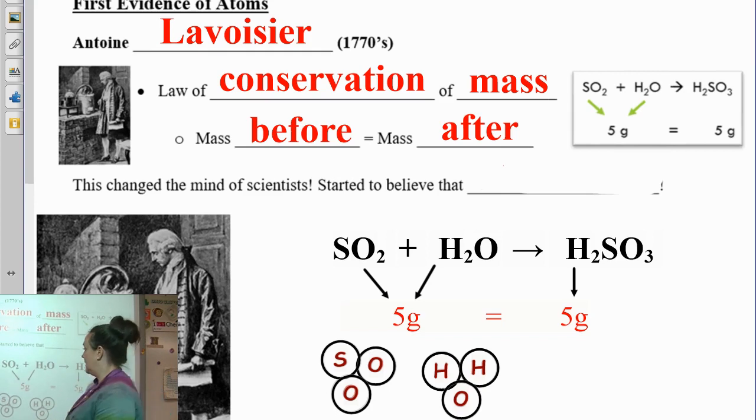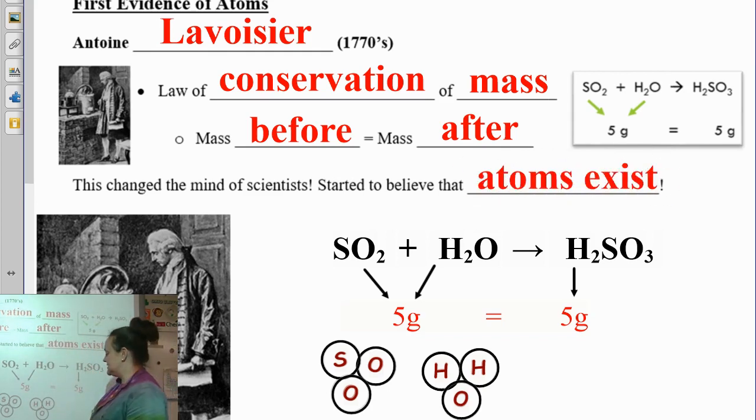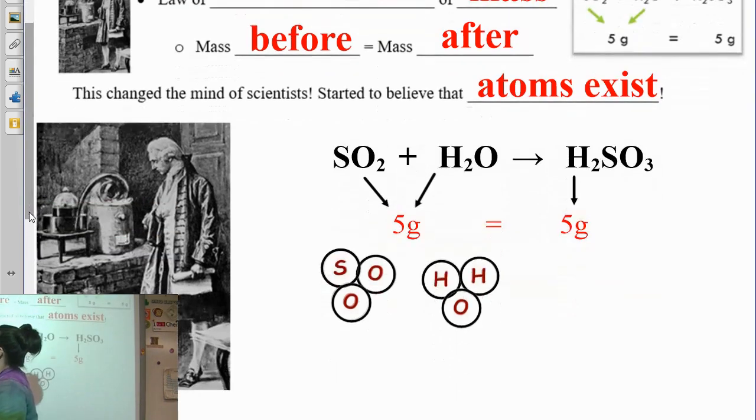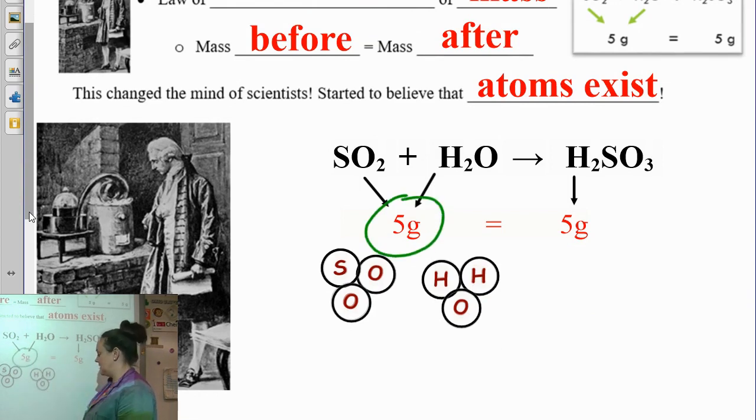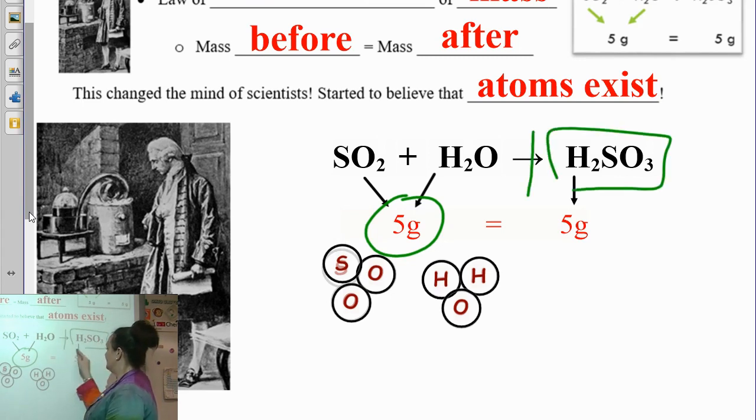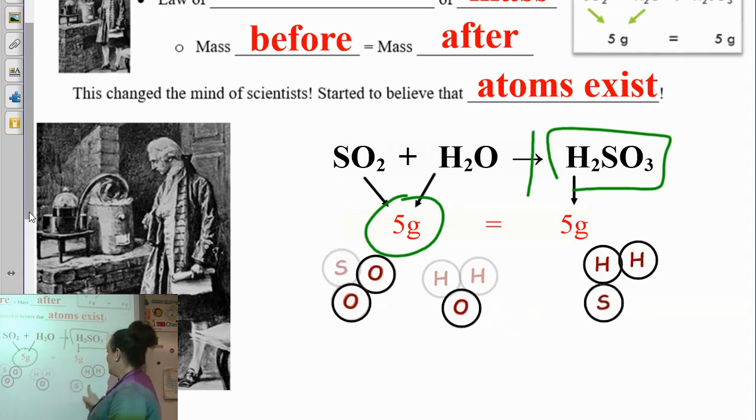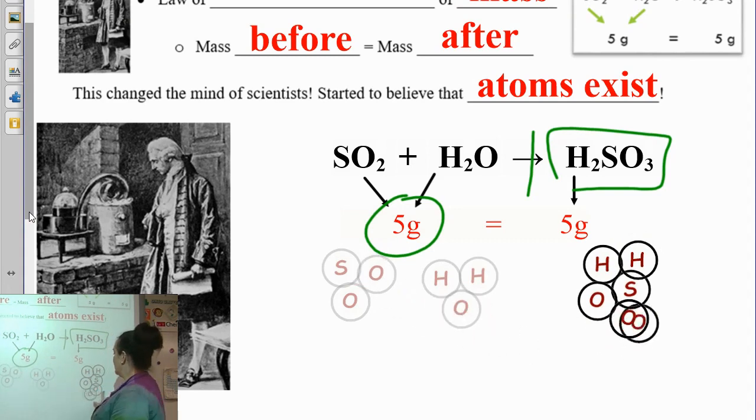And what that started having him think was that, well, maybe everything is made of atoms. Okay, he started to believe that atoms exist, because if you have atoms, and let's say you have 5 grams of sulfur dioxide and water, if atoms are real, and they weren't just these four magical elements, then if you do this chemical reaction and you make H2SO4, it starts to suggest that all matter is made of these little pieces, like little puzzle pieces that we just rearrange.